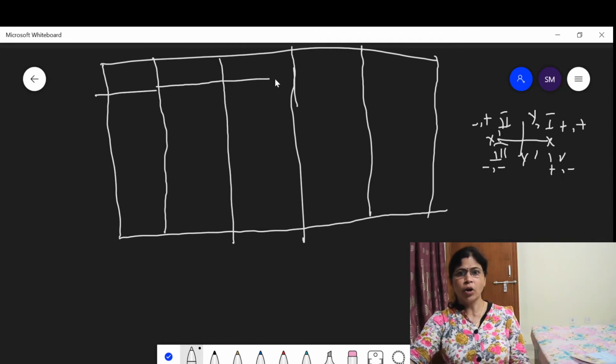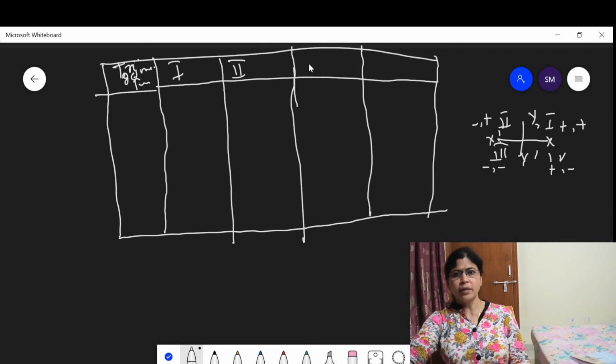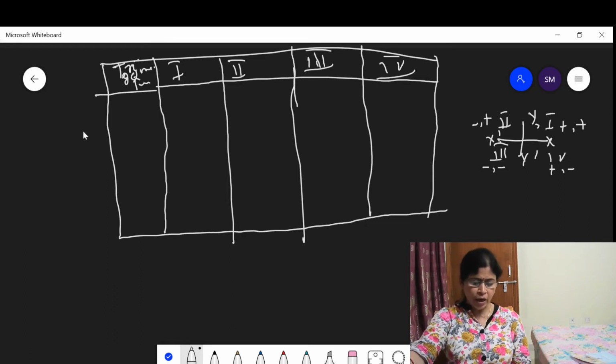Keep the line, draw the lines. These are the trigonometric functions, and this is the first, second, third and fourth quadrant.